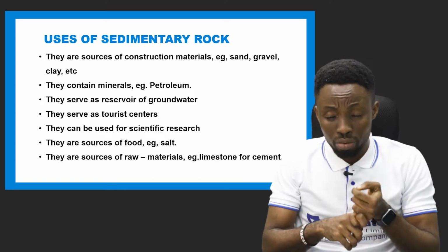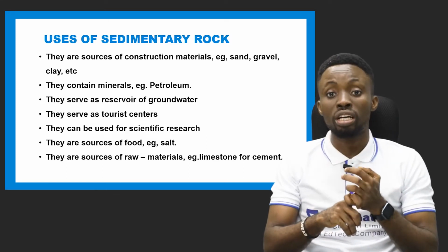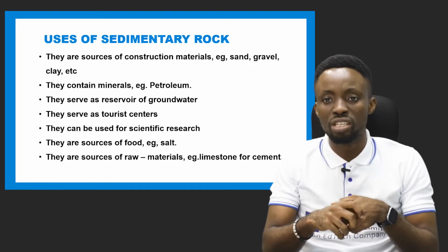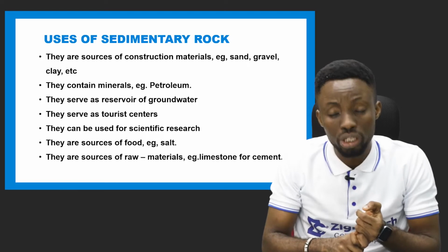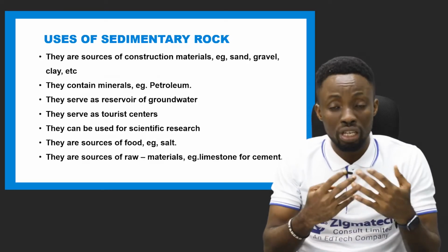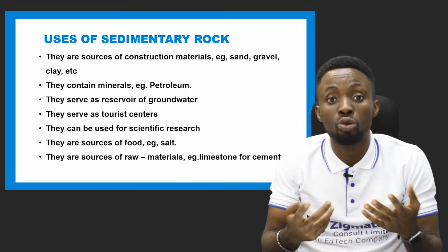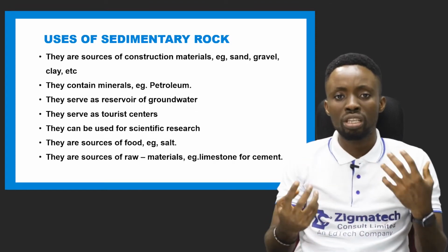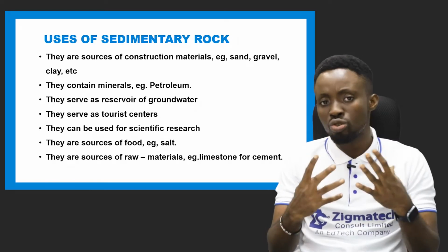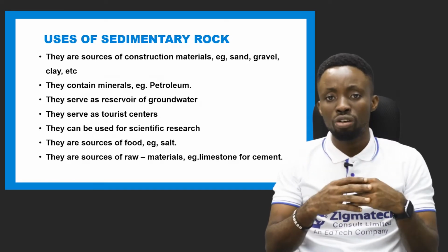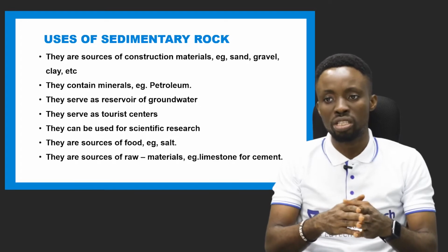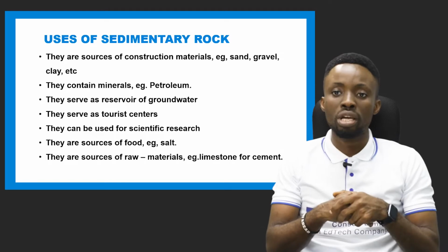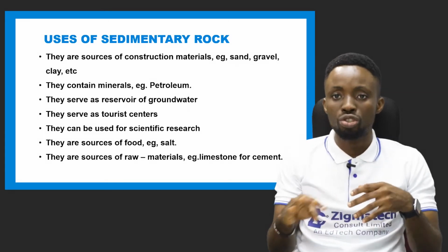Some of these sedimentary rocks, where they are located on the earth, can be used as a tourist center, and we can also use them for scientific research purposes. In terms of cooking, we make use of a sedimentary rock which we all know as salt or table salt. The industrial use is that we apply it in industry to manufacture cement, which is the limestone we use for making cement for building and for construction.